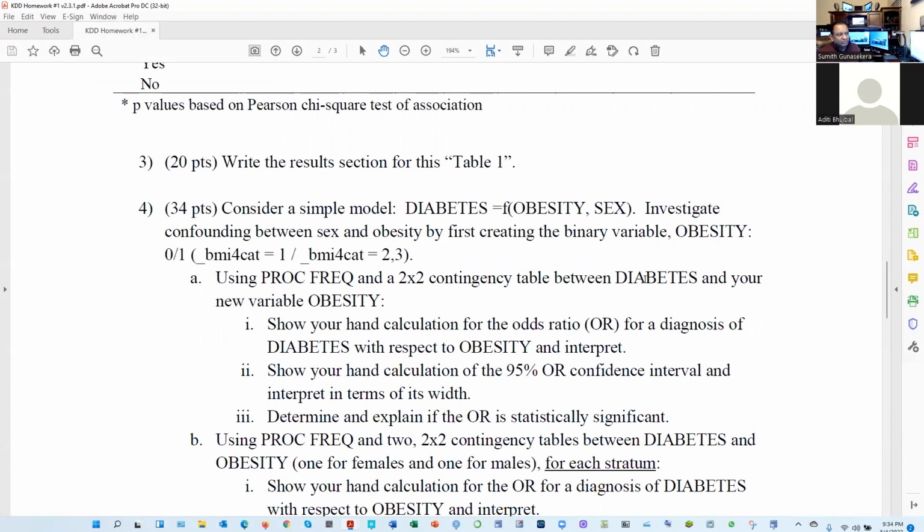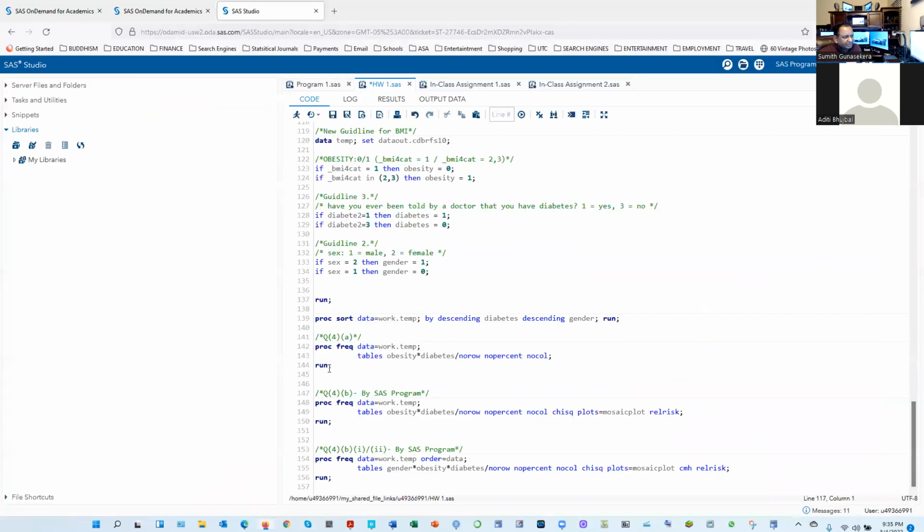So you know for sure that obesity is X and diabetes is the Y variable. Then diabetes goes to columns, and obesity goes to rows. So let's run that one. Obesity comes first, diabetes in the columns.